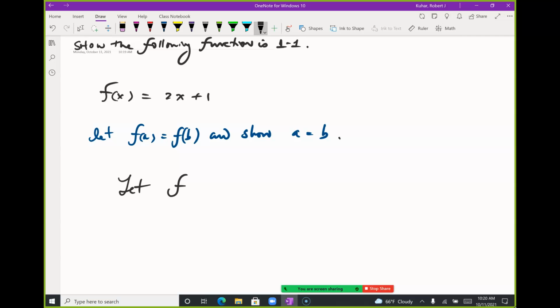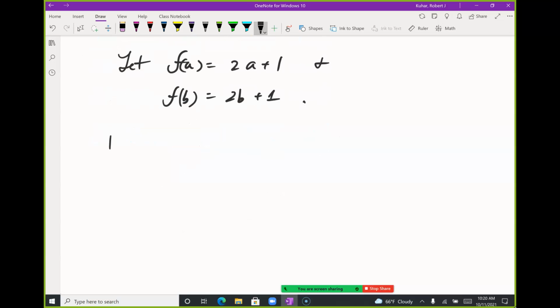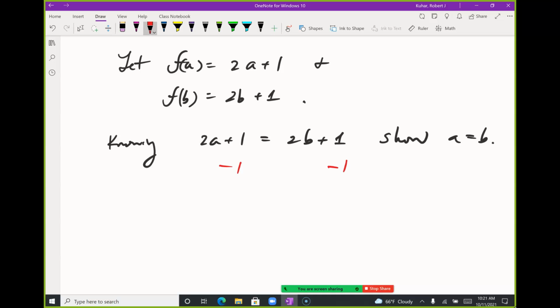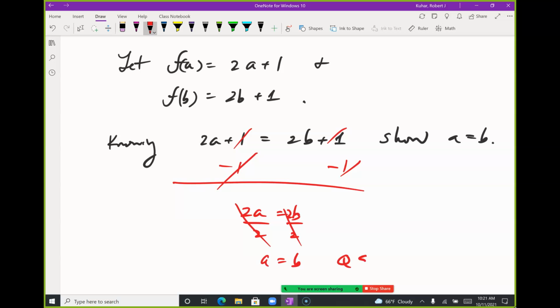So let f of a equal 2a plus 1 and f of b equal 2b plus 1. Knowing 2a plus 1 equals 2b plus 1, show a equals b. Easy, right? What are we going to do? Subtract 1 from both sides. So 2a equals 2b. Divide both by 2. So a equals b. QED.